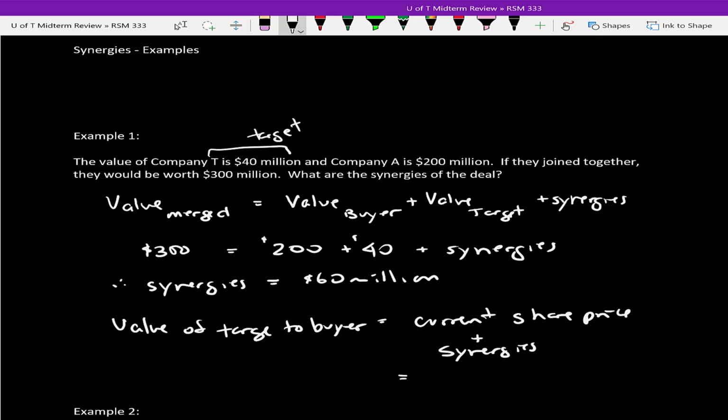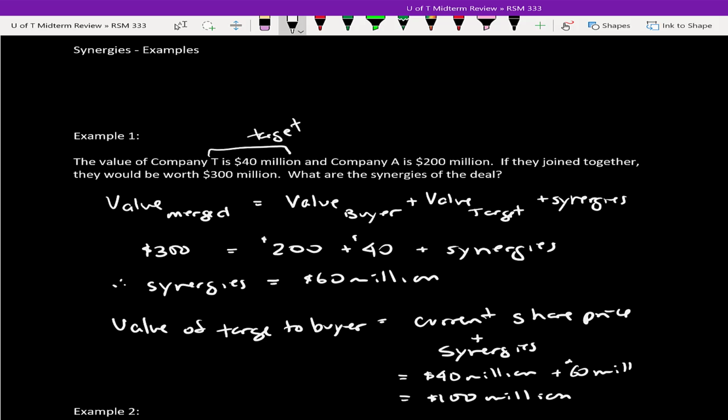So if we say the current share price of the target was 40 million, you could buy them at that price. But there's synergies of 60 million, which we calculated. Then 100 million is the value of this target to the buyer.